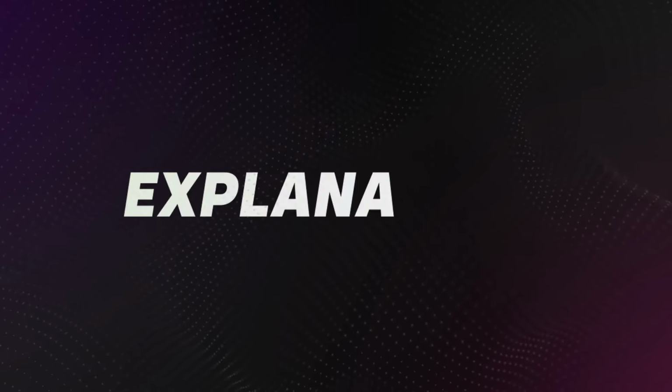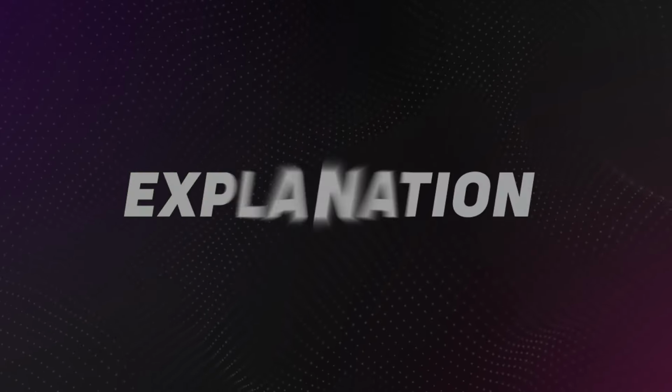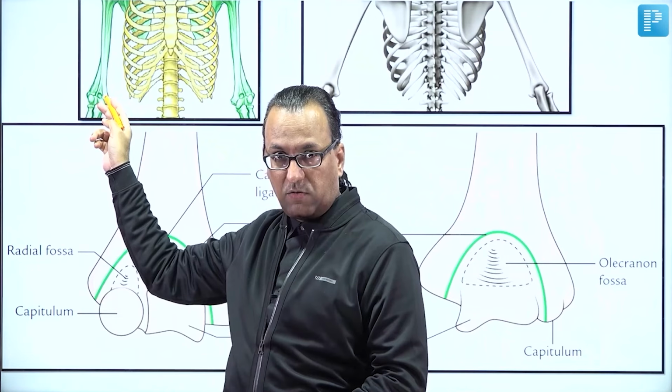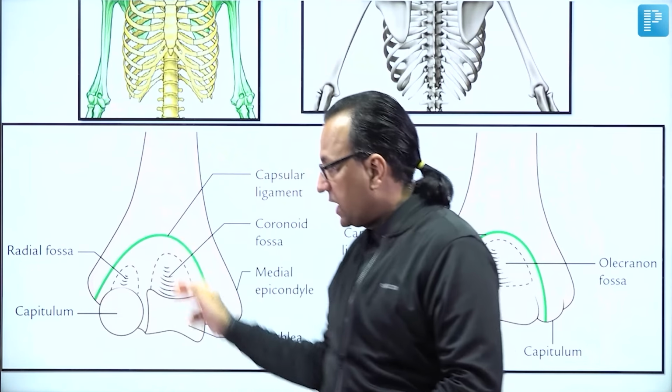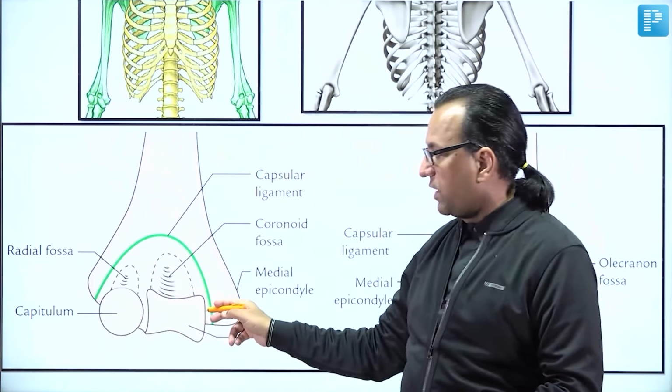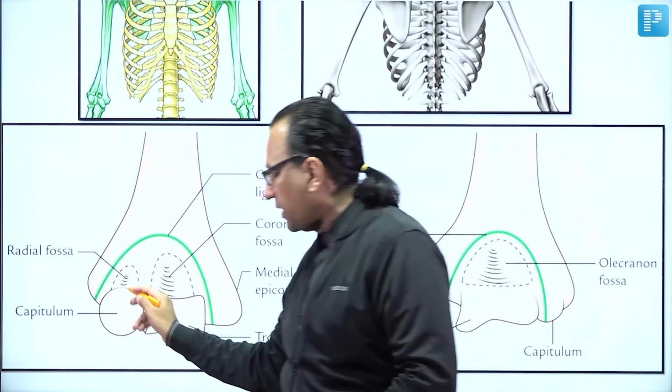Capitulum. Here's the explanation. At the lower end of the humerus we have two condyles and epicondyles: a lateral condyle and a medial condyle. The lateral condyle is called the capitulum and it works like a cap on the lateral bone, the radius, in the articulation.